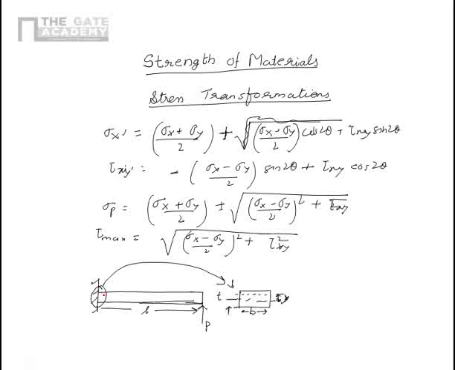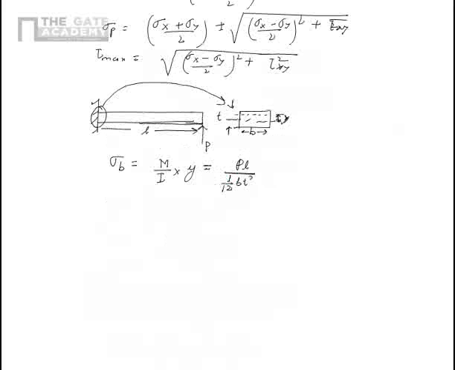So obviously there is the bending stress because of the load, given by M upon I into y, where M is equal to PL and I is 1 by 12 B T cube, into y.